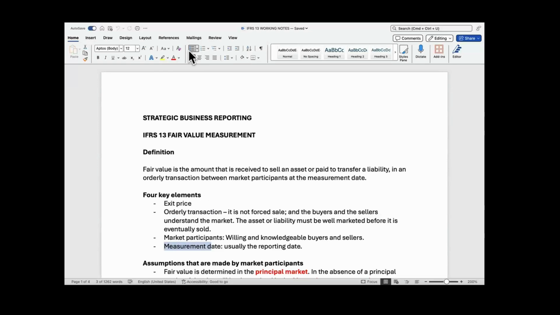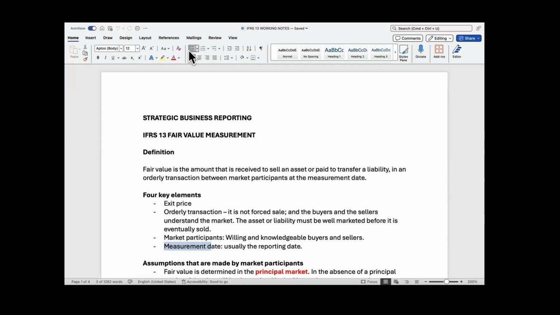The buyers are aware of it, and a lot of people are coming to ask you about the asset, right? And eventually, there is now a striking price. That price can represent a fair value. And that transaction where you allowed the asset to be marketed for quite a number of periods is what makes it an orderly transaction.